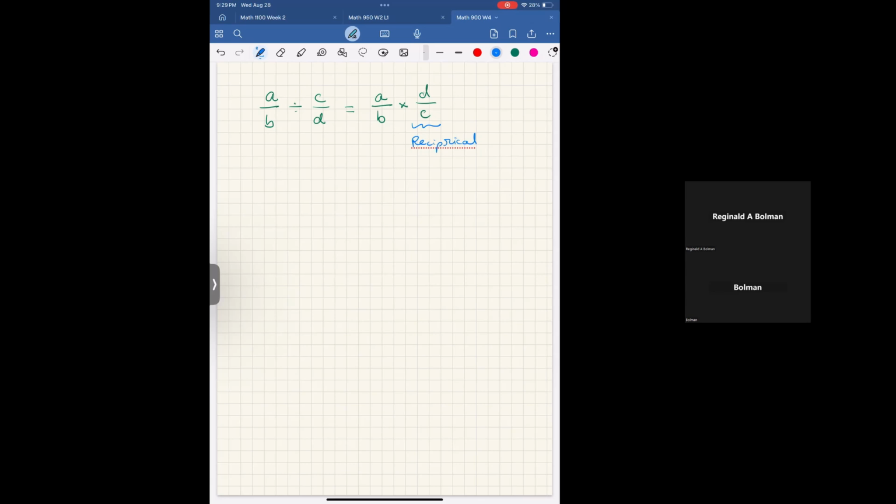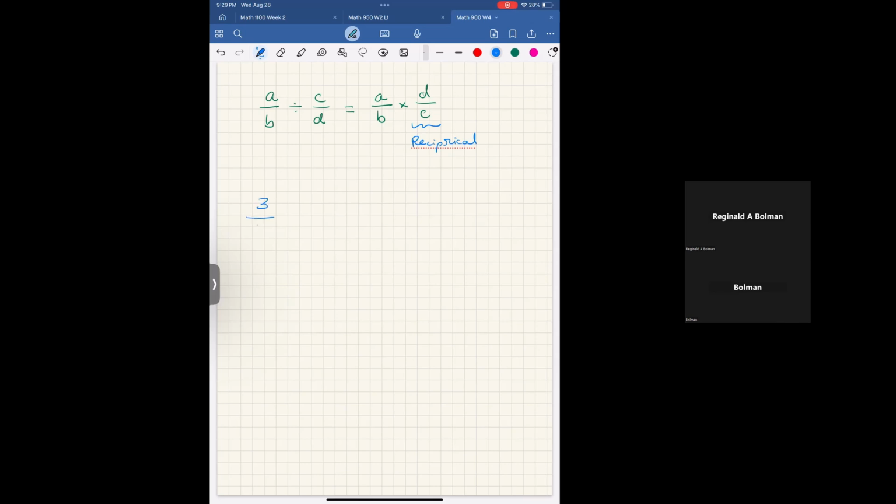Okay, it's just kind of a definition there. We won't necessarily prove that in this class at this moment in time, but as we go along, we might come back to this subject and just prove that this is in fact the case. For now, it's sufficient for students to just memorize that what happens when you take one fraction and divide it by another is that all we're going to do is flip the bottom fraction and multiply.